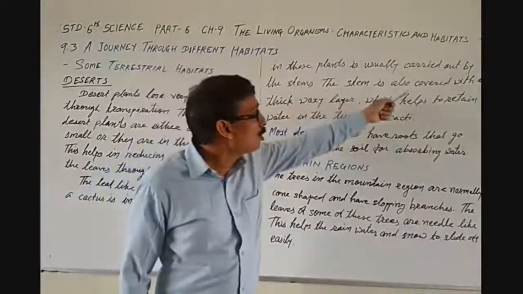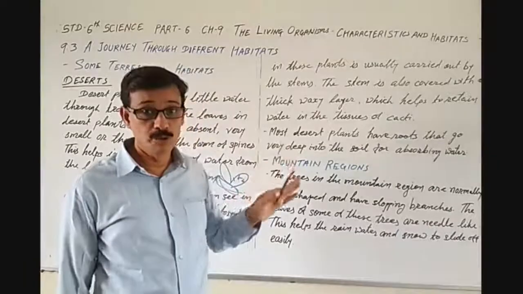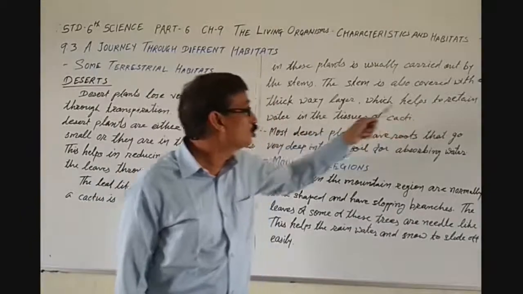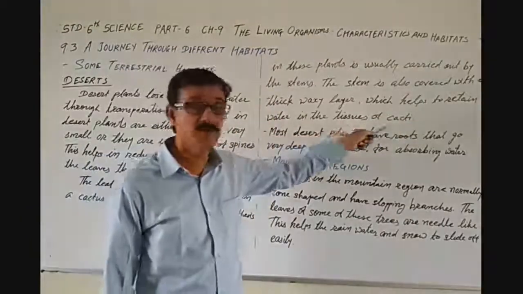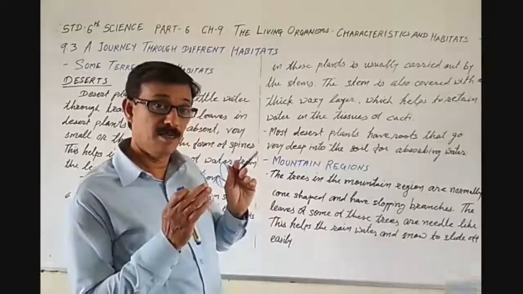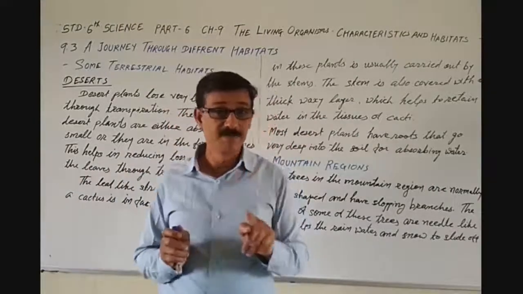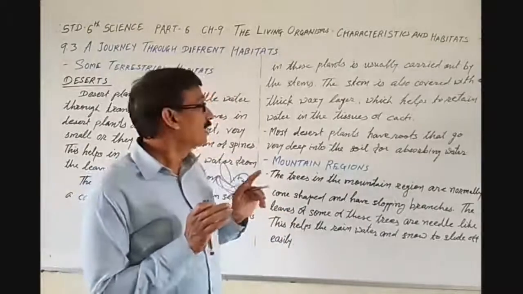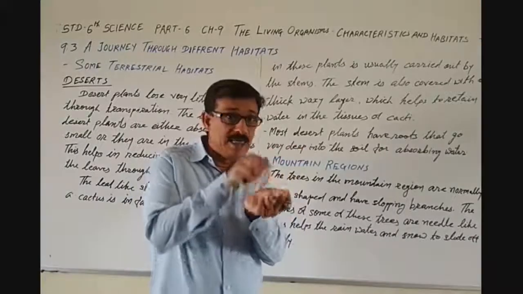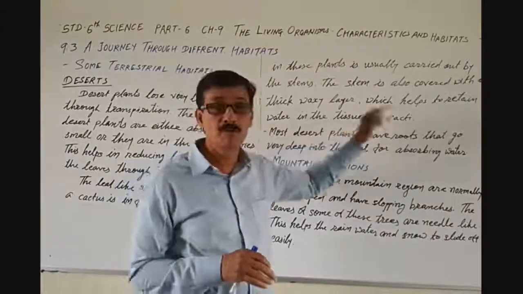The stem is also covered with a thick waxy layer, which helps to retain water in the tissues of cacti. So, the stem is first of all covered with a thick waxy layer, which helps it to retain water for many days, which helps to retain water in the tissues of cacti.